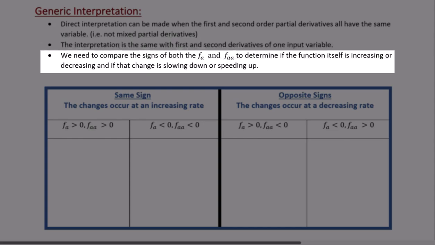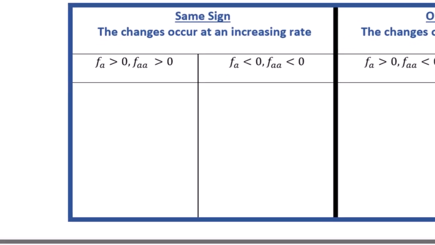We need to compare the signs of both the first order partial derivative and the second order partial derivative to determine if the function itself is increasing or decreasing, and if that change is slowing down or speeding up. Again, velocity and acceleration. So let's look at how we would interpret it if they both have the same sign.